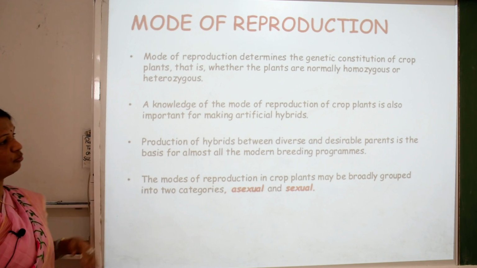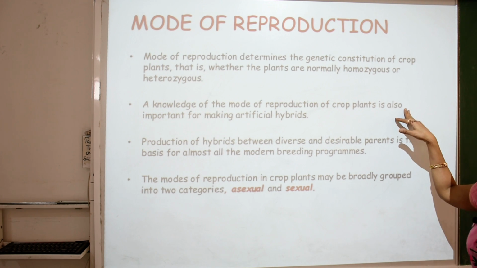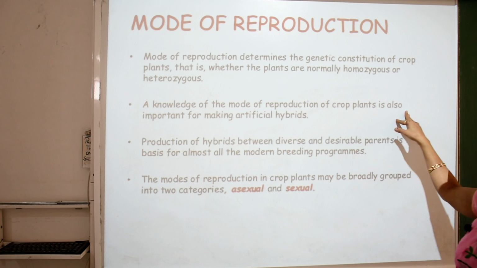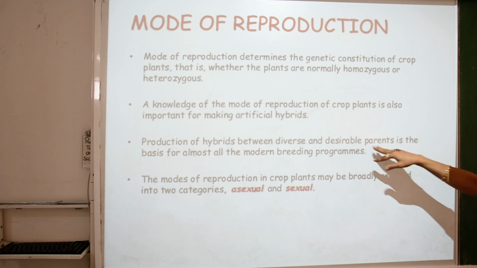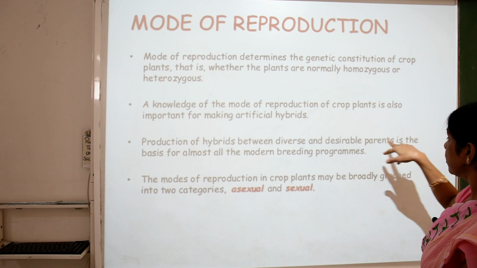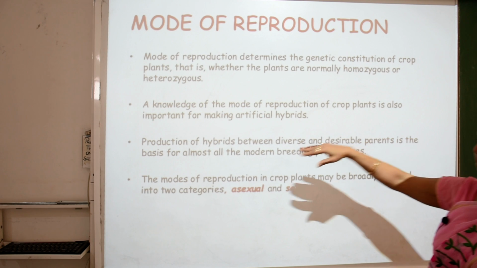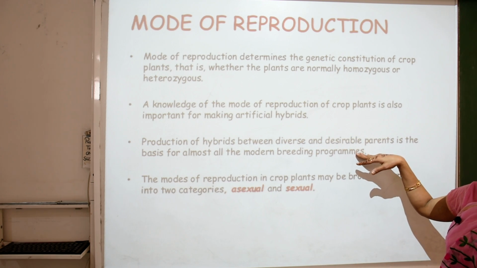A knowledge of the mode of reproduction of crop plants is also important for making artificial hybrids. Production of hybrids between diverse and desirable parents is the basis for almost all modern breeding programs.